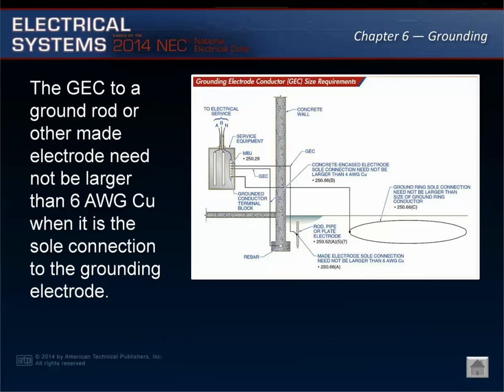The grounding electrode conductor is not required to be larger than a No. 4 copper per 250.66(B) for sole connections to a single or multiple concrete encased electrode. For grounding rings, 250.66(C) permits the grounding electrode conductor, which is a sole connection, to be the same size as the conductor used for the grounding ring.